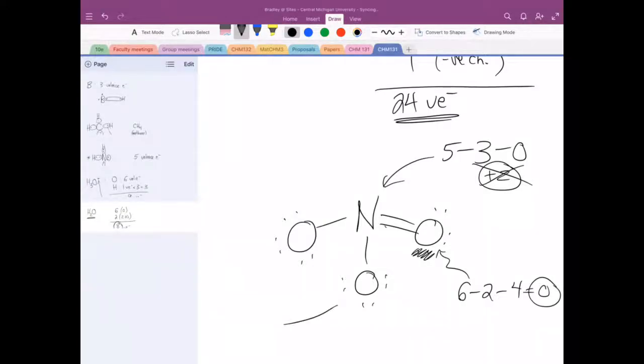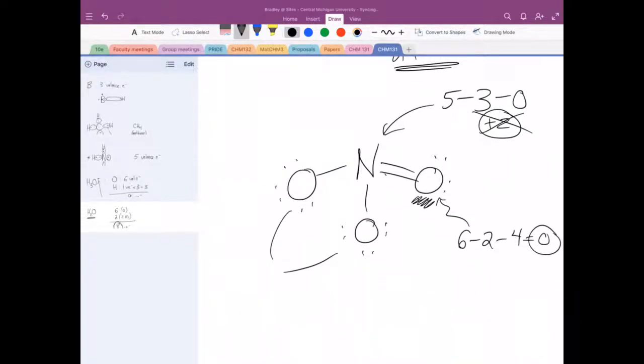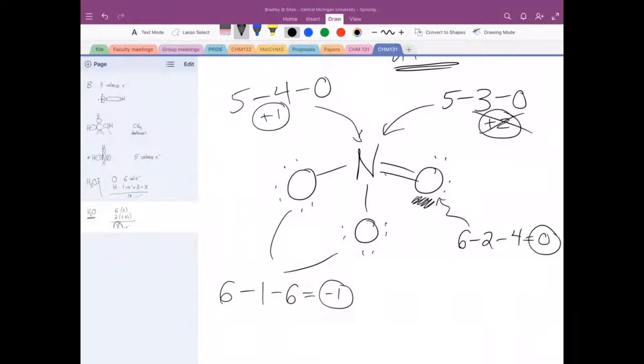These oxygens are the same, so each is 6 minus 1 bond, and then you have 1, 2, 3, 4, 5, 6 dots. So it's going to be minus 1. And the nitrogen this time will be 5 minus 4 bonds, and then you don't have any dots, so that's a +1. Okay, so the formal charges here are such that it actually is okay. You just have formal charges of plus or minus 1.